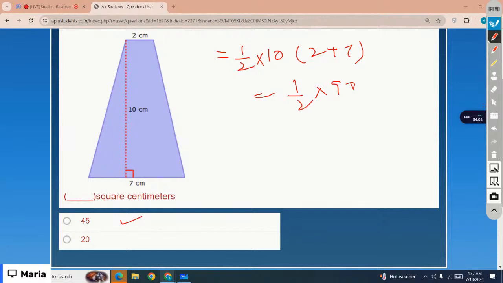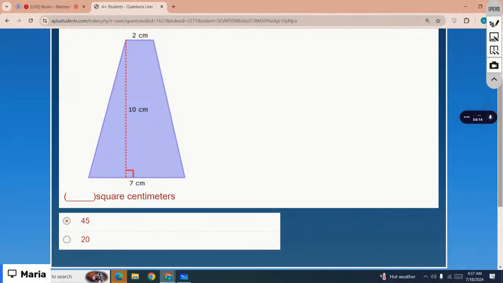So the correct option is 45. Option number 1 is the correct option, right?